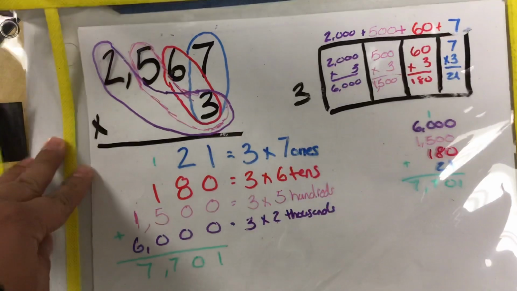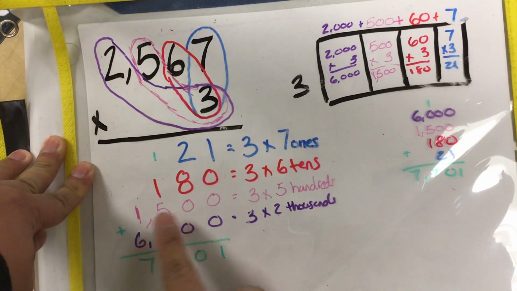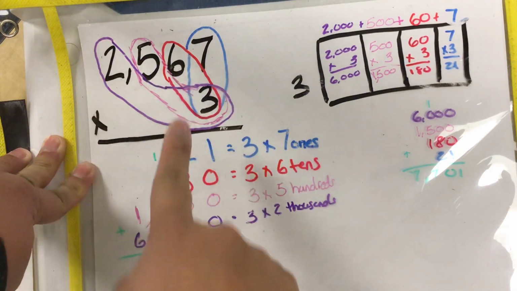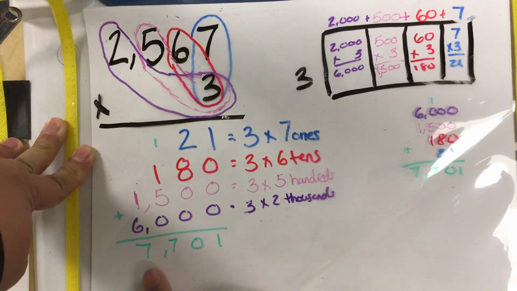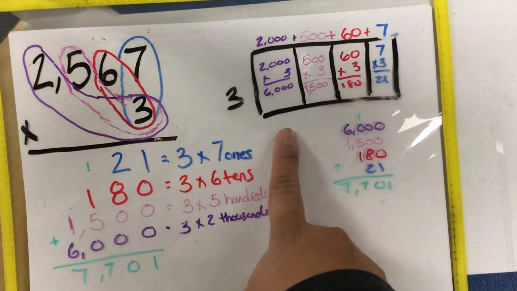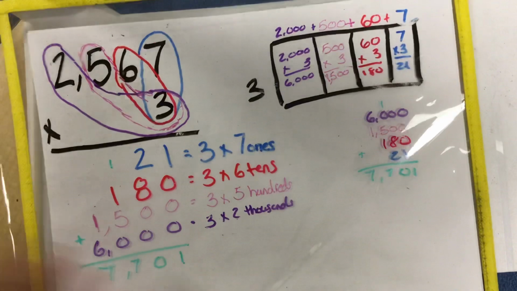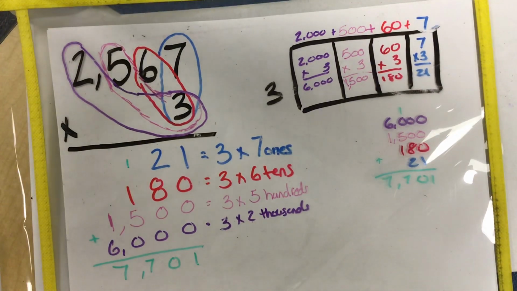In the end, we should have 21, 180, 1,500, and 6,000. That's from multiplying by each of the units up here. And in the end, 3 times 2,567 should equal 7,701. And here we did it with our area model. Take a look, compare your work, and see where you made a mistake if you did.